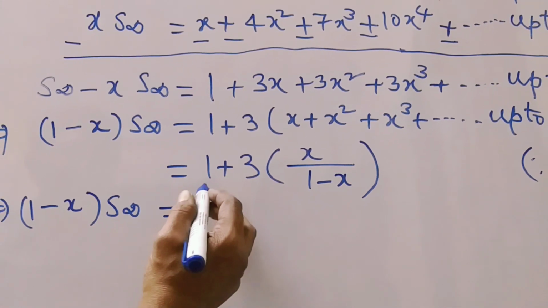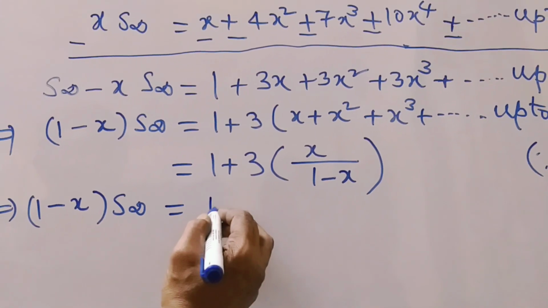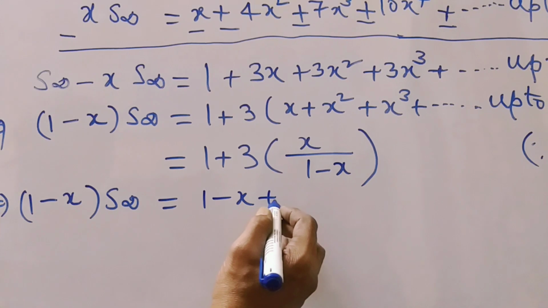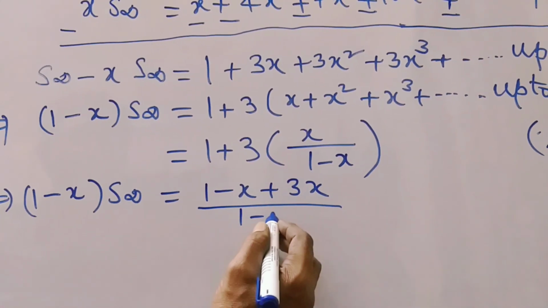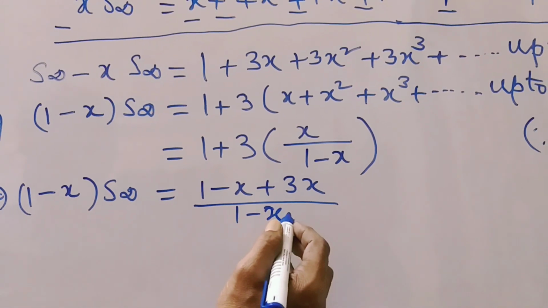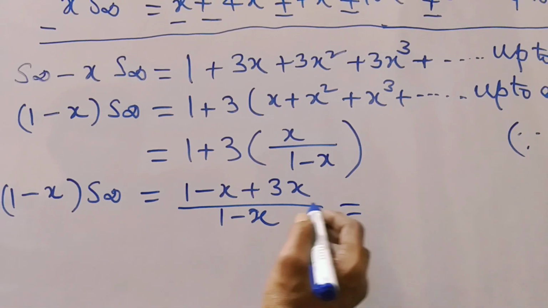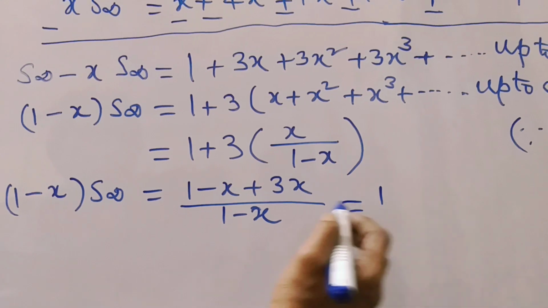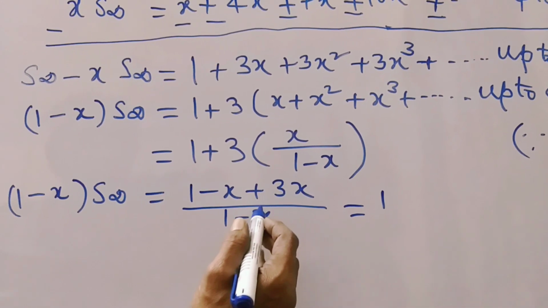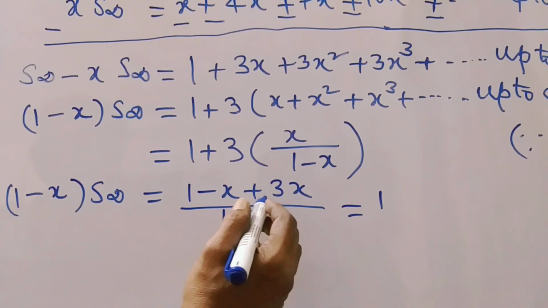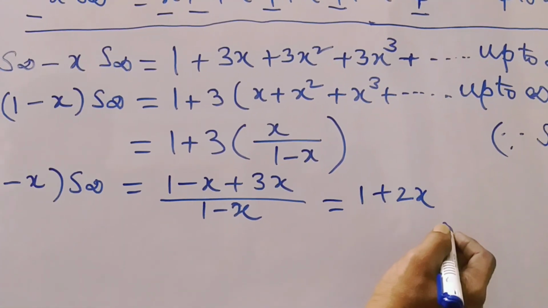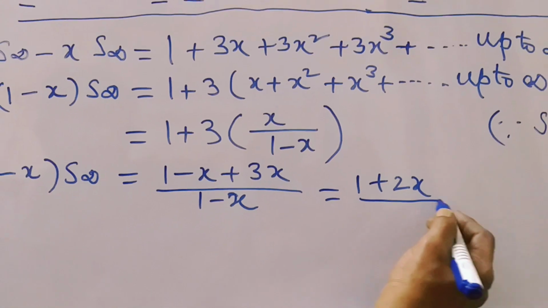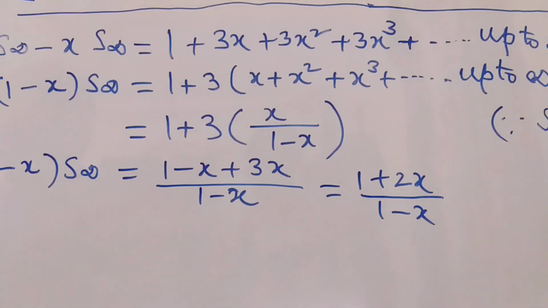So it becomes 1 into 1 minus x plus 3x, by 1 minus x. This is equal to 1 minus x plus 3x, subtract x from 3x, it becomes 1 plus 2x by 1 minus x.